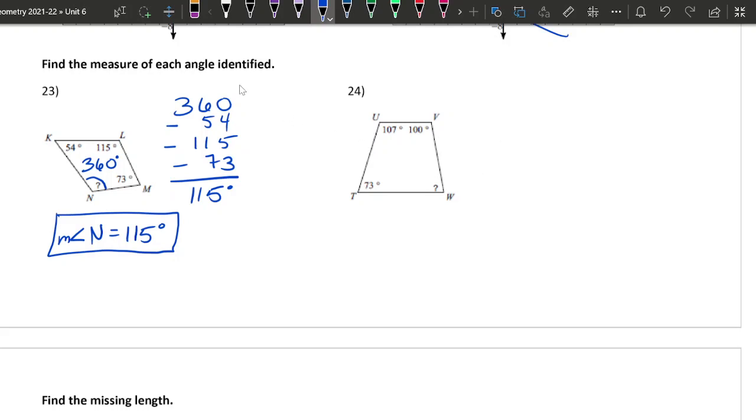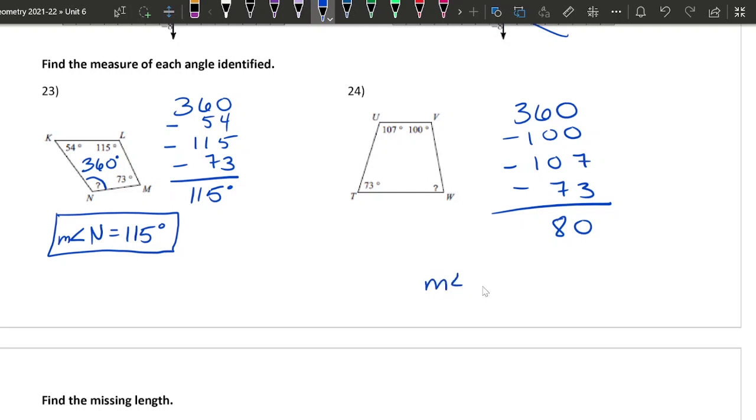Again, if I start with 360 because it's a quadrilateral, and I take away the 100 degrees, take away the 107 degrees, take away the 73 degrees, and it leaves me with 80.